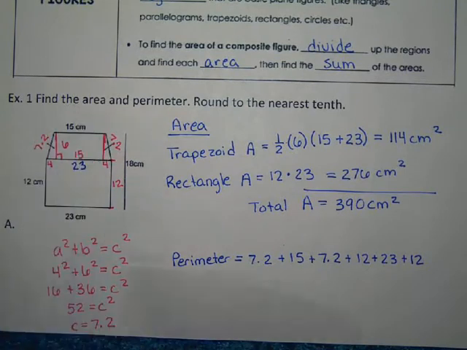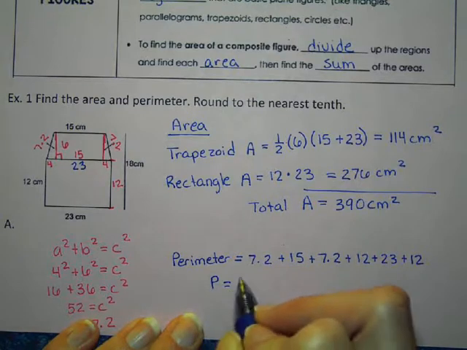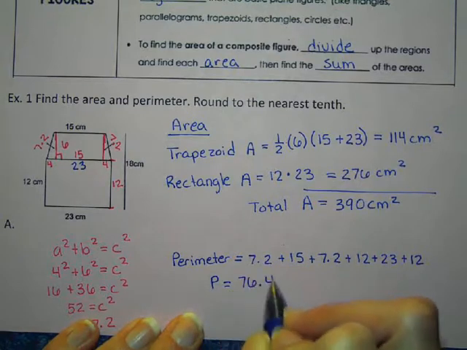So, 7.2 plus 15 plus 7.2 plus 12 plus 23 plus 12, and I get a total of 76.4. Remember, perimeter would just be in centimeters, whereas area was centimeters squared.